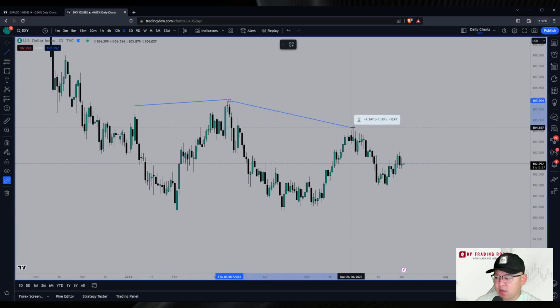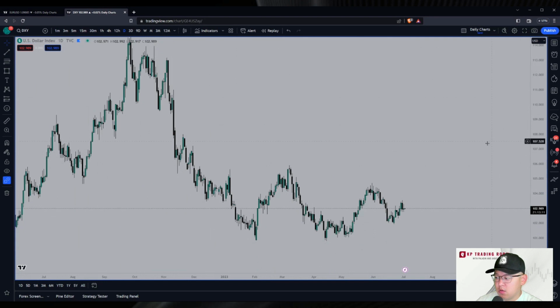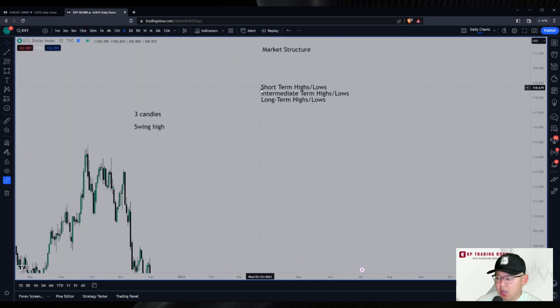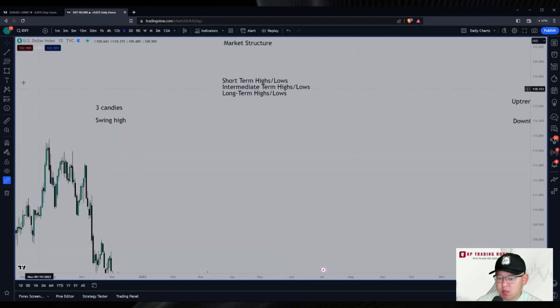We have a high, higher high, lower high, and look how much time is spent here: January of this year all the way up until the end of May. So this is 5 months of time creating this swing high pattern. That is how you determine what's a short-term, intermediate-term, and long-term high.